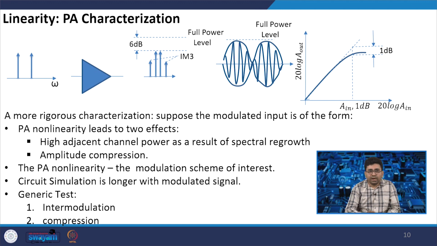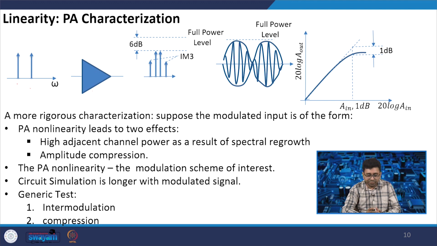For intermodulation, we apply two tones to the power amplifier, and then we try to see the third order component, the IM3 component, and we define the IP3. We also define the 1 dB compression point for the power amplifier.